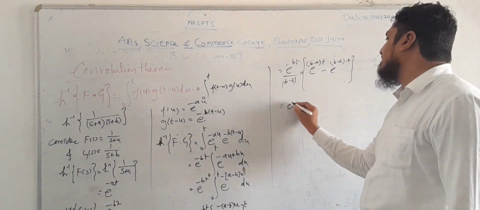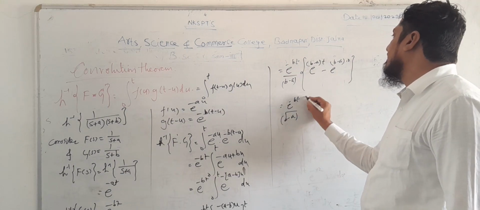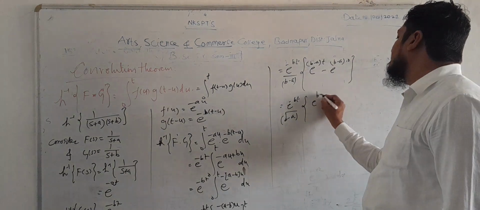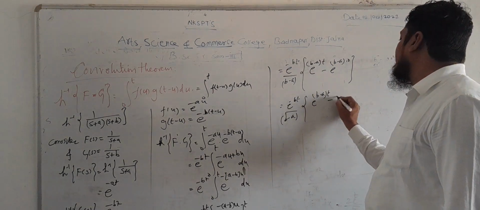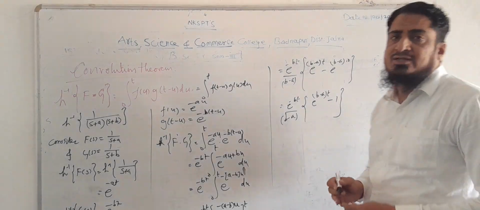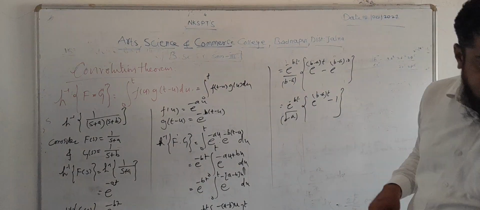So we will get e raised to minus bt upon b minus a into e raised to b minus a t minus 1. And it is the required result for this example.